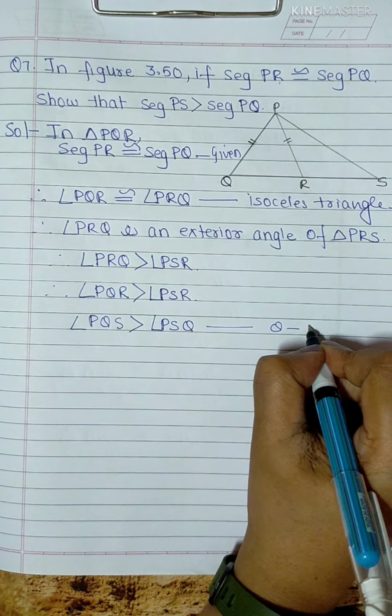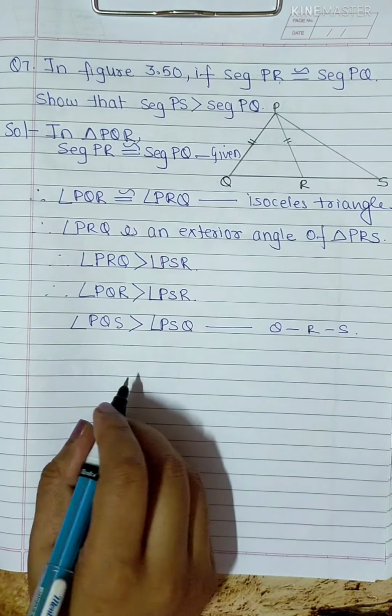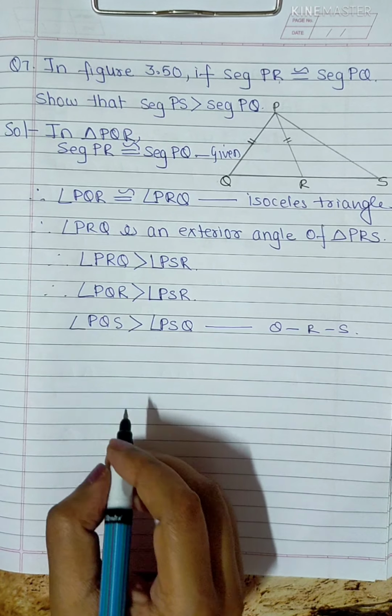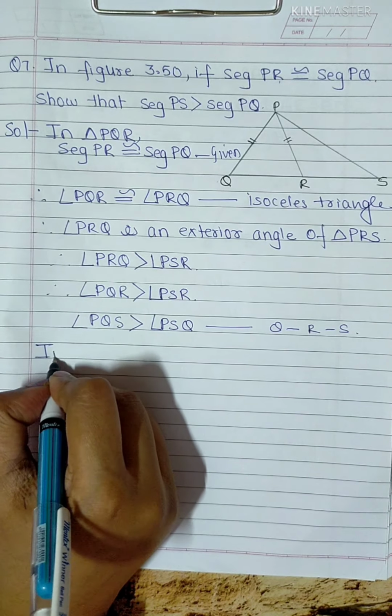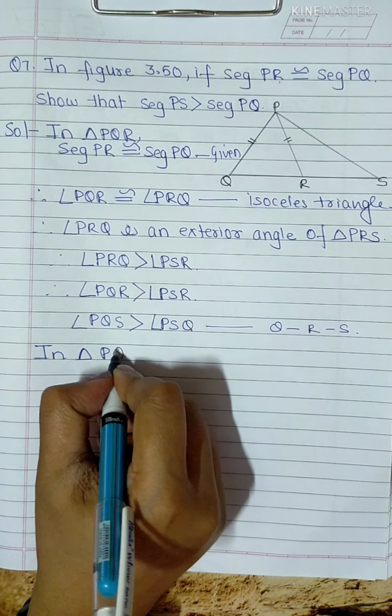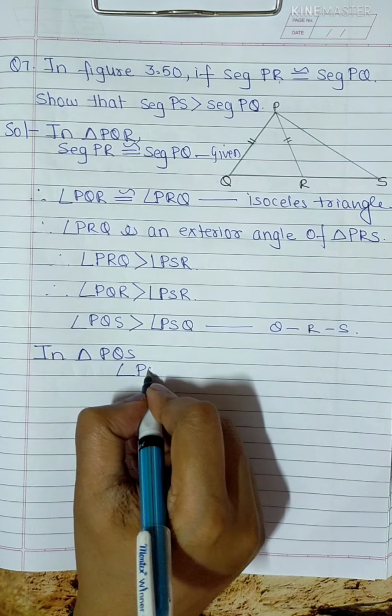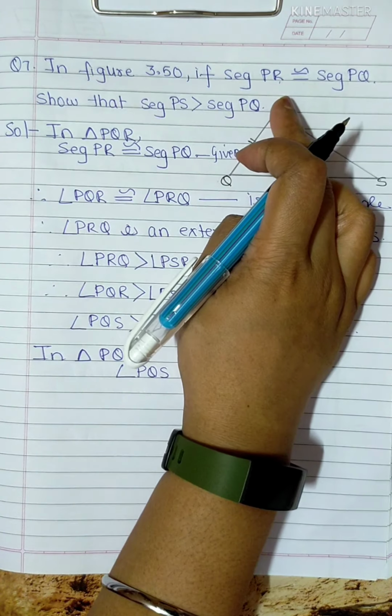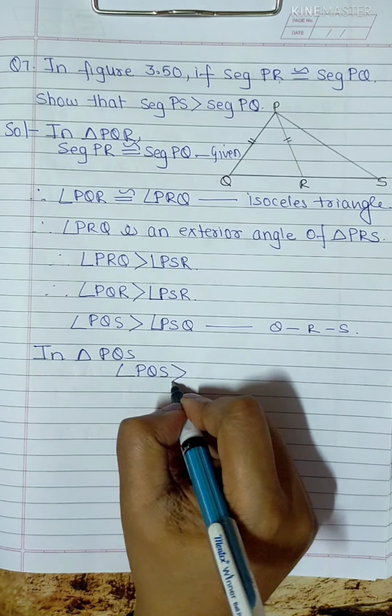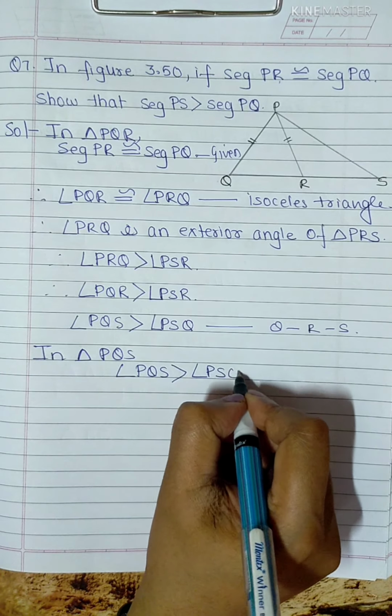Reason is they are on the same line. So now in triangle PQS, angle PQS is greater than PSQ.